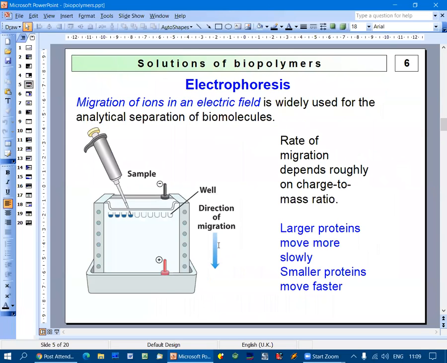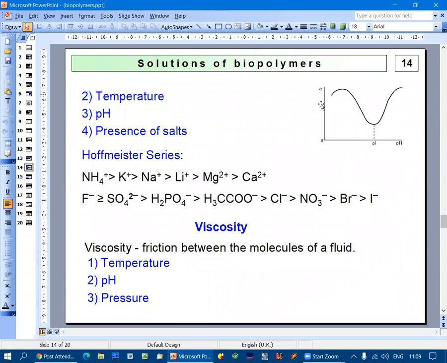So this is the plot of how the degree of swelling depends on pH value. It will reach its minimal value at pI.